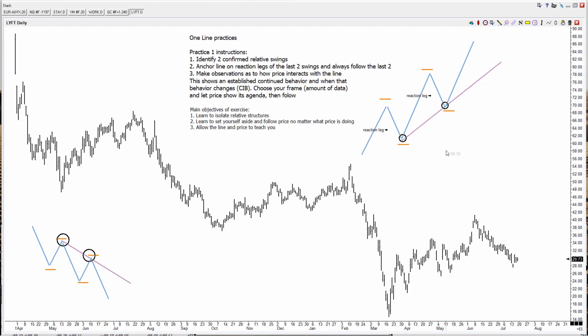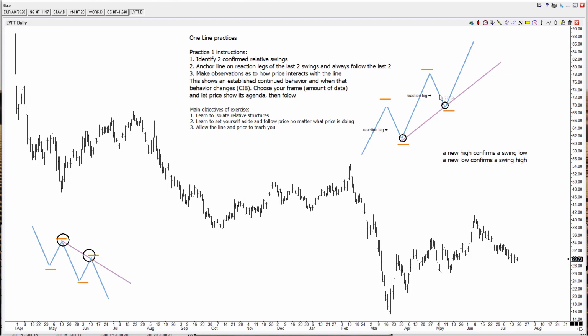Just as a reminder, a new high confirms a swing low. A new low confirms a swing high. Okay? A new high confirms a swing low. A new high confirms another swing low. A new low confirms. It's just saying that sellers couldn't hack it, so that the low is confirmed. That's all we need to do.